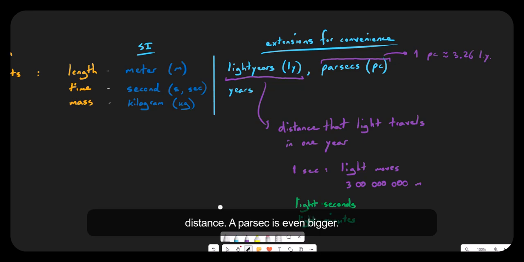A parsec is even bigger. That's the big thing we need. The definition of a parsec comes from some spatial things. So there is a context to it. 3.26 isn't exactly arbitrary, but it's bigger than a light year. That's what we need.